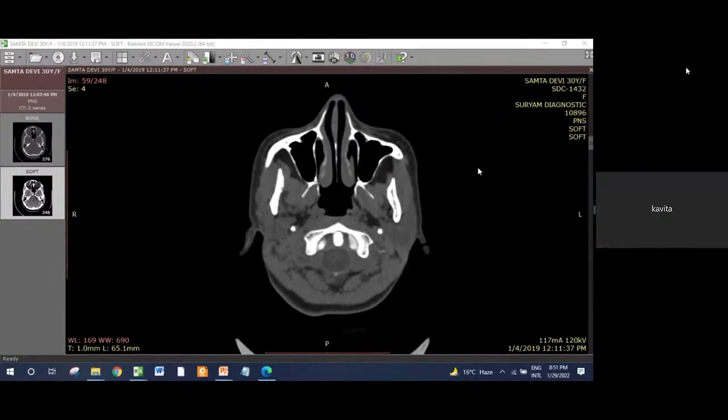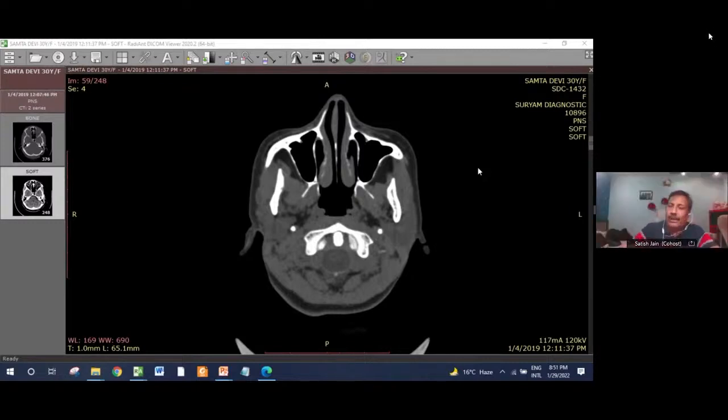Thank you, sir. Sir, I have always been a bit confused about the greater wing of sphenoid. Is there anything more we can see in CT of the greater wing of sphenoid? Yes. See, the sphenoid bone, as I showed, has various parts. It has a body, two wings, the greater and lesser wings, and the pterygoid processes.